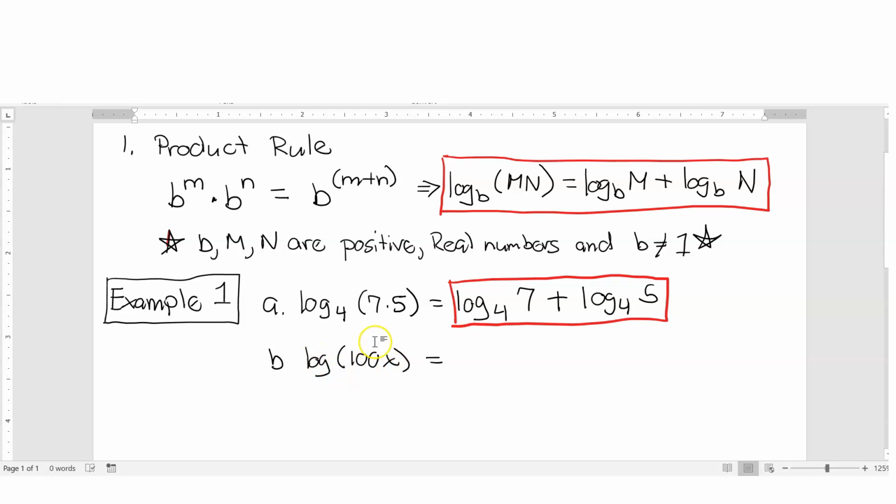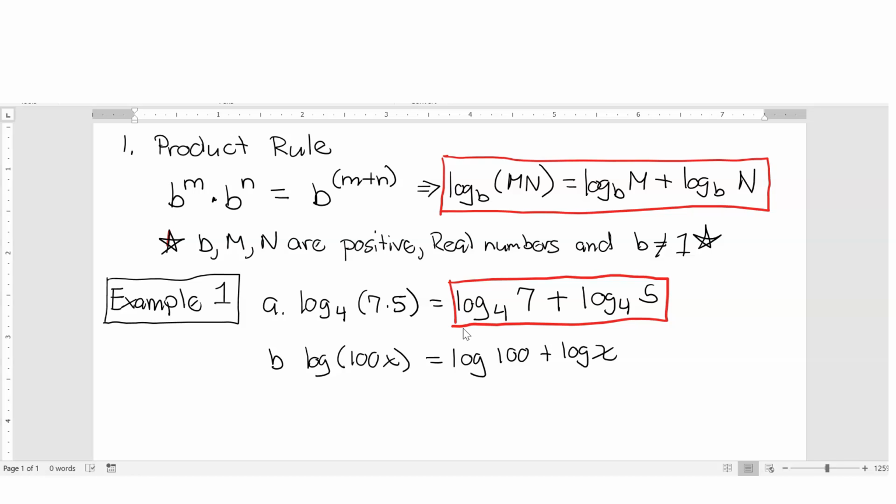In part B, we have log of 100x. So 100 would be capital M, and x would be capital N. So again, we'll decompose that expression into log of 100 plus log of x. Now remember, when you see log, that's really the common log, which is our base 10 logarithm function.